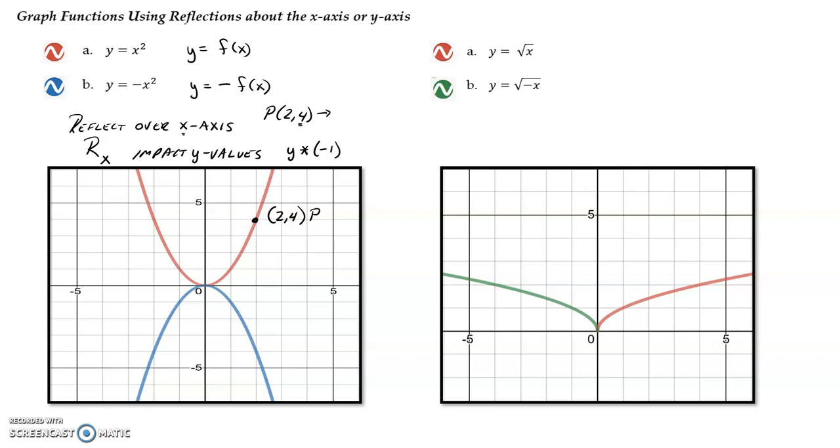And that's going to give us the point (2, -4). And this should be a point on our new graph. We'll go ahead and call it P prime. So here's our point (2, -4) on the graph that was reflected over the x-axis.